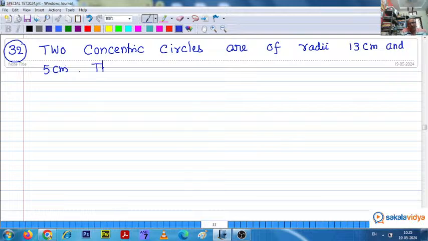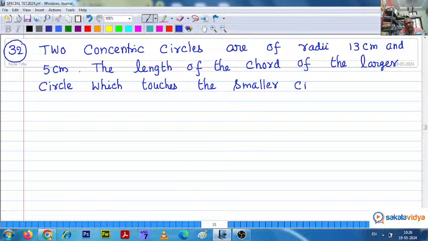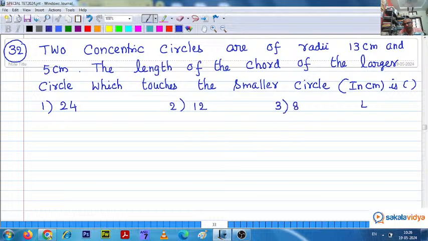The length of the chord of the larger circle which touches the smaller circle, in centimeters, is. The first option is 24, second option is 12, third option is 8, fourth option is 6.